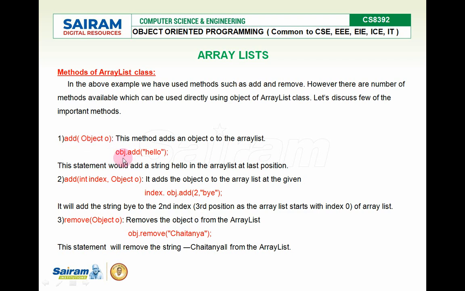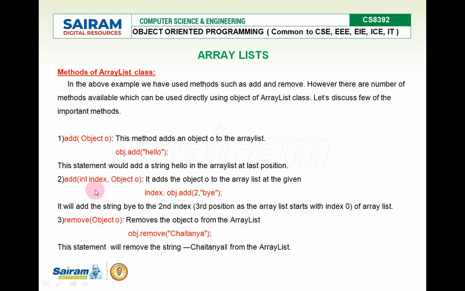This is the syntax: obj is my array list object, dot add function. Inside the brackets is the object you want to insert. For example, if it is a string array list, I am inserting the hello string. So this hello string is inserted into the array list pointed to by the obj object.